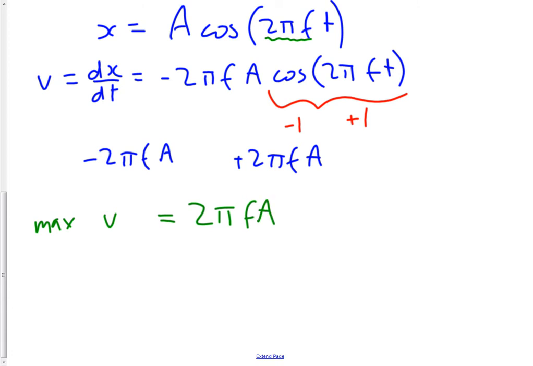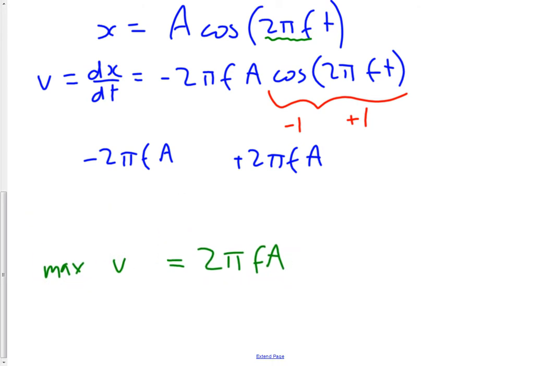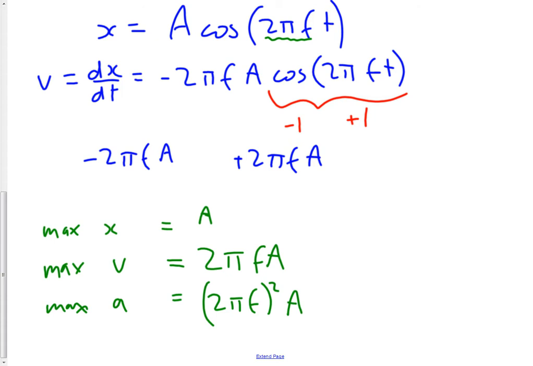So that's 3 expressions. Let's just put them all together so we can see them all. The maximum displacement is just a, the amplitude defined. Maximum velocity is 2 pi f a. Maximum acceleration is 2 pi f all squared a.